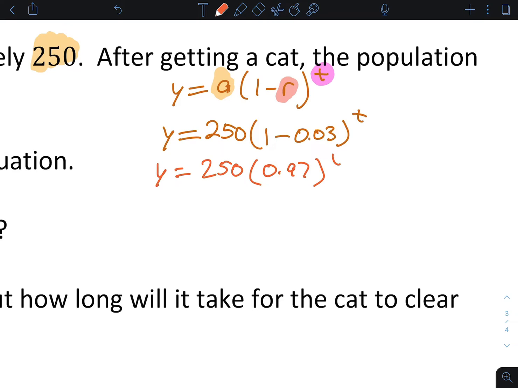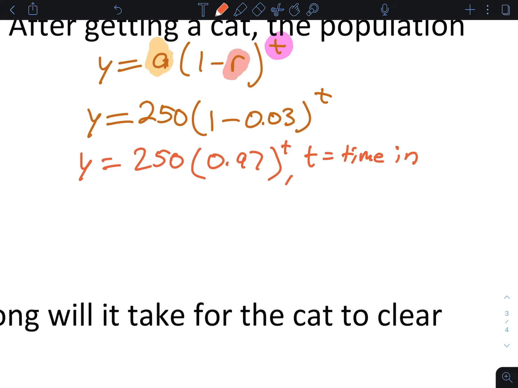And go ahead on this question. It's important to note that our t is the time in days. So if they give us a certain amount of time in days, we just plug it in. If they don't give us the time in days, we need to change it to be the time in days.